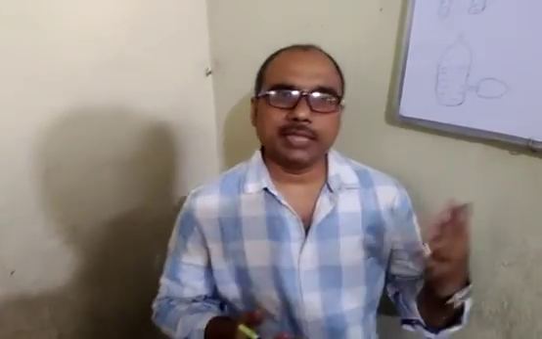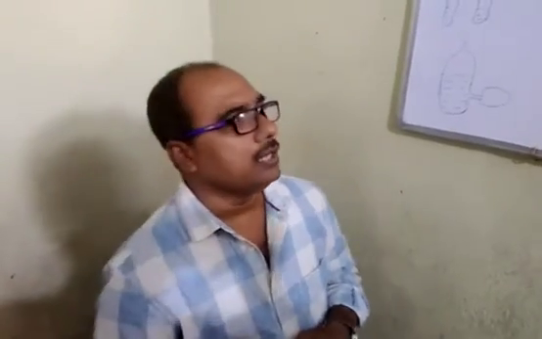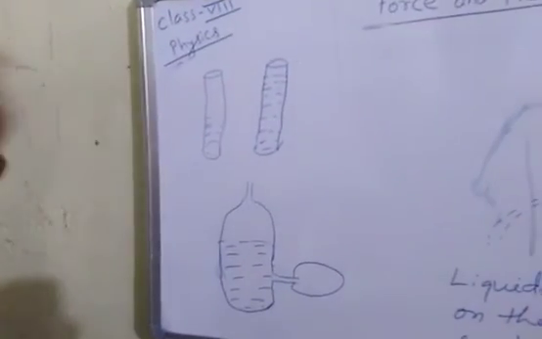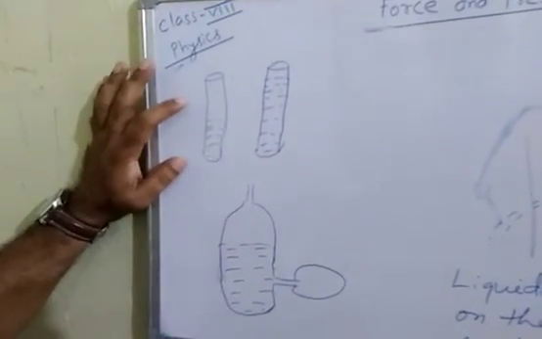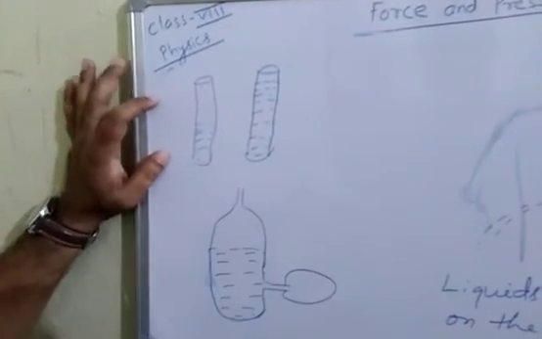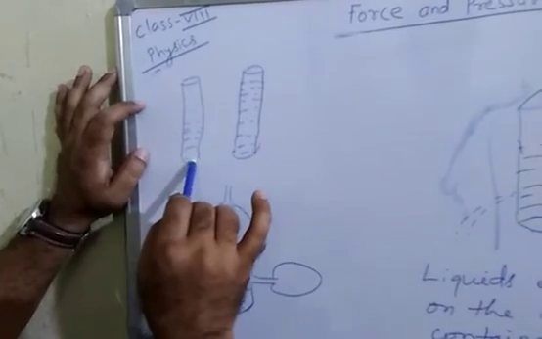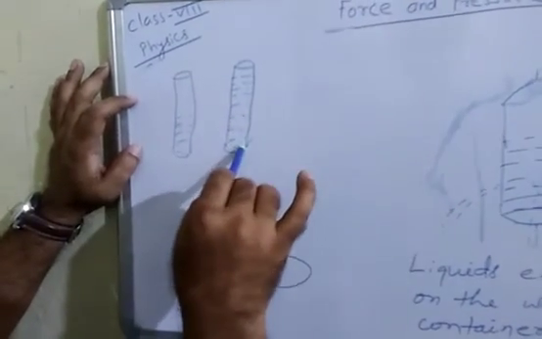Okay, now see about liquid pressure. Students, liquid and gas also exert pressure. First we see about liquid. Liquid exerts pressure on the walls of the container. Here you see two tubes. In the first less liquid is there and in the second more liquid.